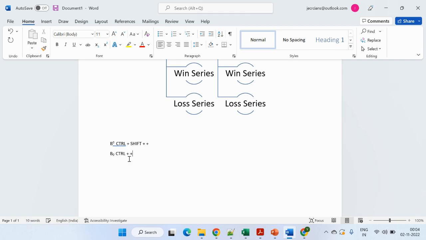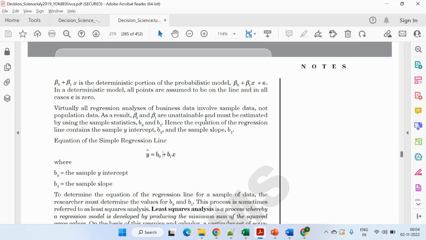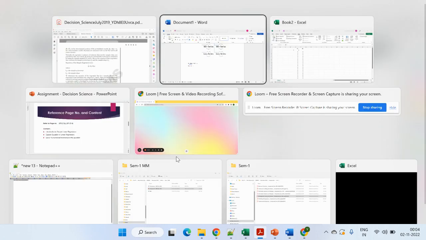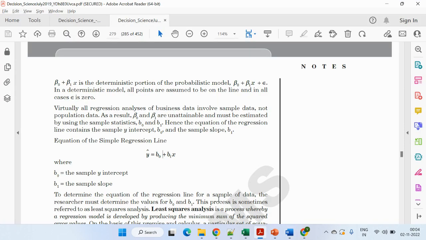If you want to use superscript, use control shift plus, and it will come as superscript. And if you want a subscript, then it will be control and simply plus option. So control shift plus and control plus are the shortcut keys to use all these formulas in your Word document, right? This is an additional thing which I just specified.